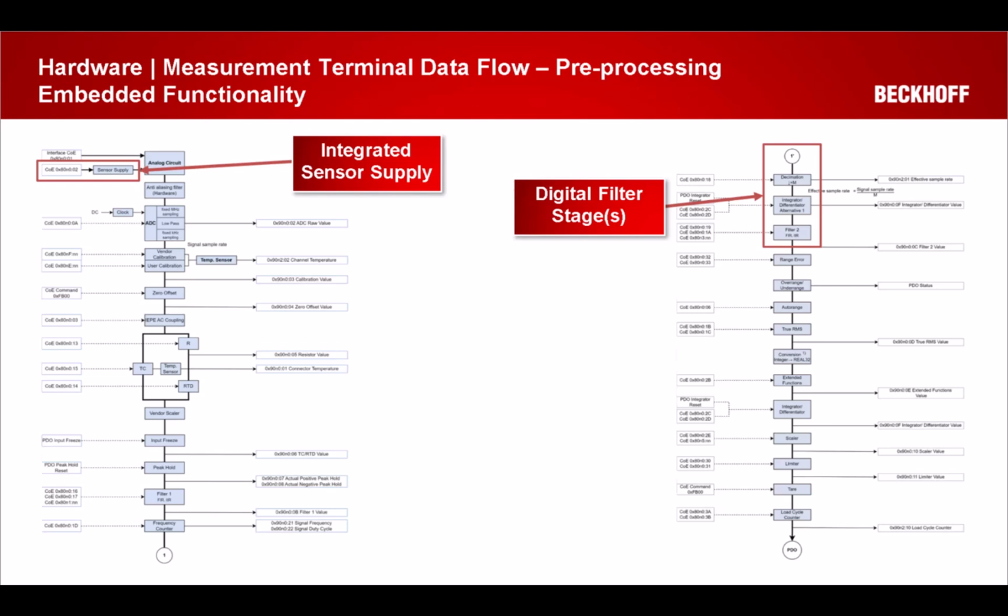Also have previously mentioned our digital filter stages, which actually begin way on the bottom left here, but we're able to fit those types of functionalities into the hardware itself, so then we preserve some of the computation power at the main controlling device to do a little bit more pre-processing there.